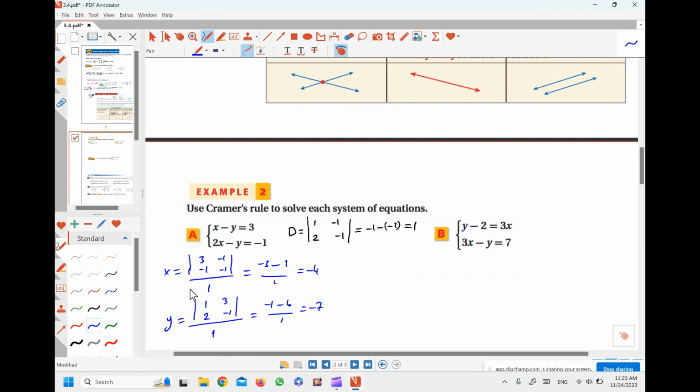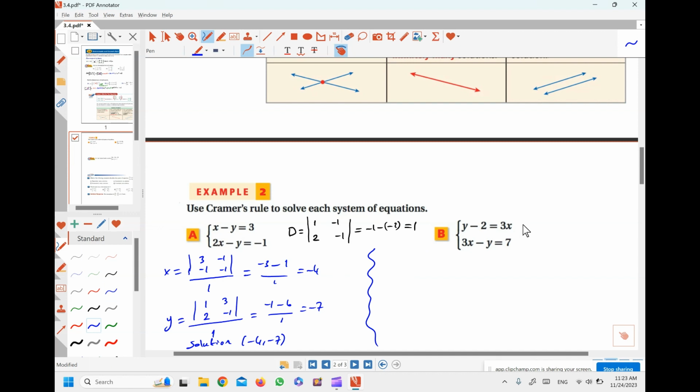So we got the solution. We know x, we know y. Your solution, as a point, is negative 4 comma negative 7. So this is how we solve a system. You learned different methods in grade 10, like elimination and substitution. This is another way. Let's try B.